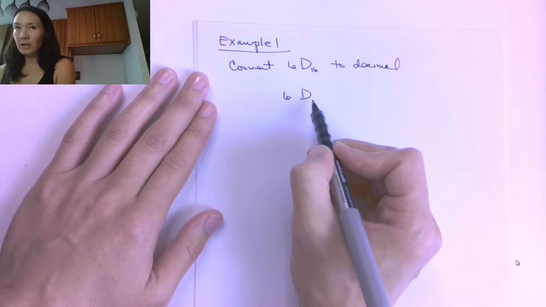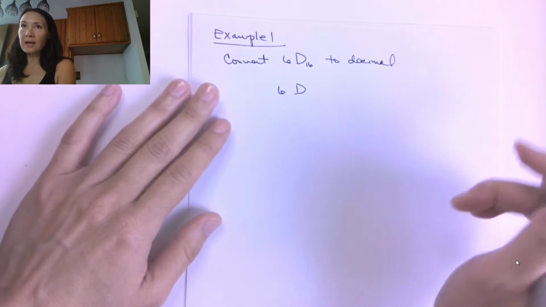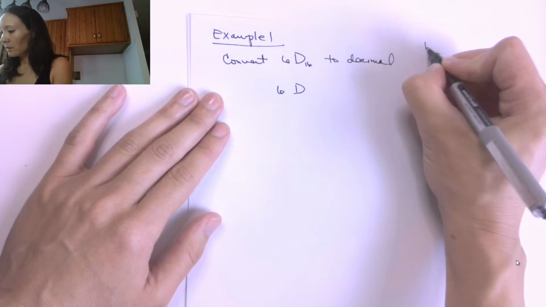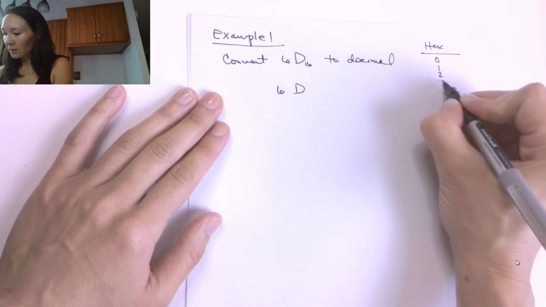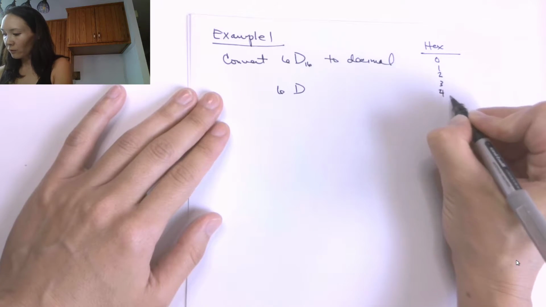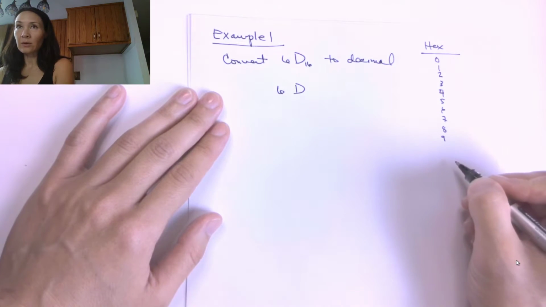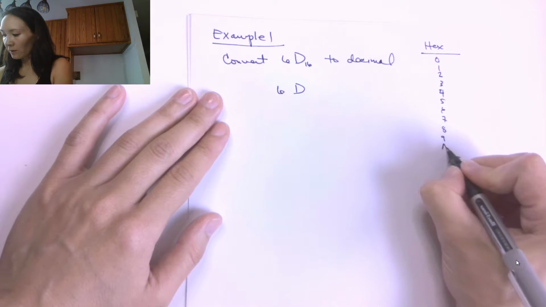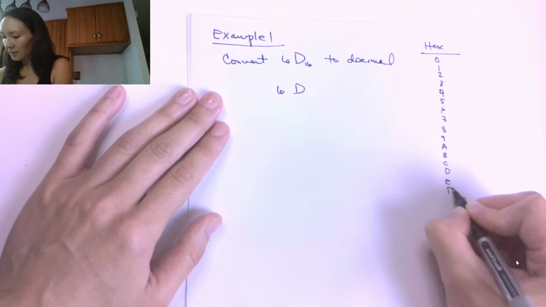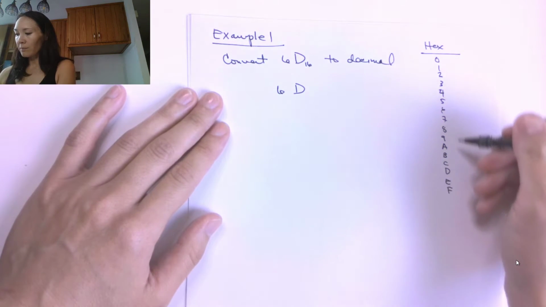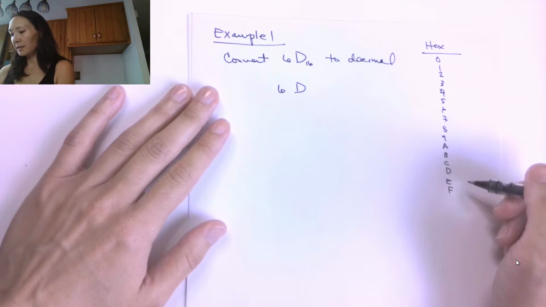Now, something that's kind of interesting, if you see a D here, you remember in hex, the numerals we have at our disposal are the same 0 through 9 as decimal, but then we have some additional, right? We've got A, B, C, D, E, and F. So these are our fundamental building block numerals that we can represent any hex number in.